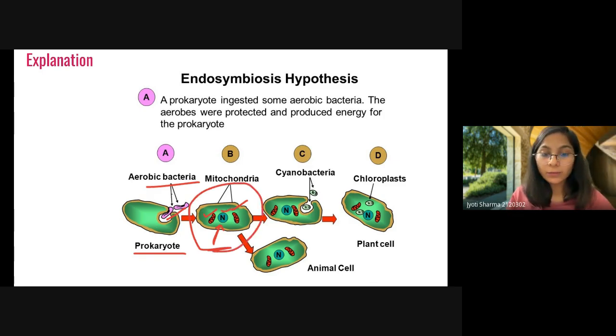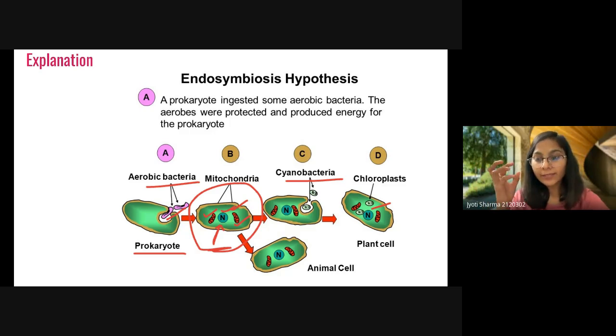One is this one, and the other is inside this mitochondria. Then another, a cyanobacteria, entered into this, and this cyanobacteria gave rise to chloroplast.